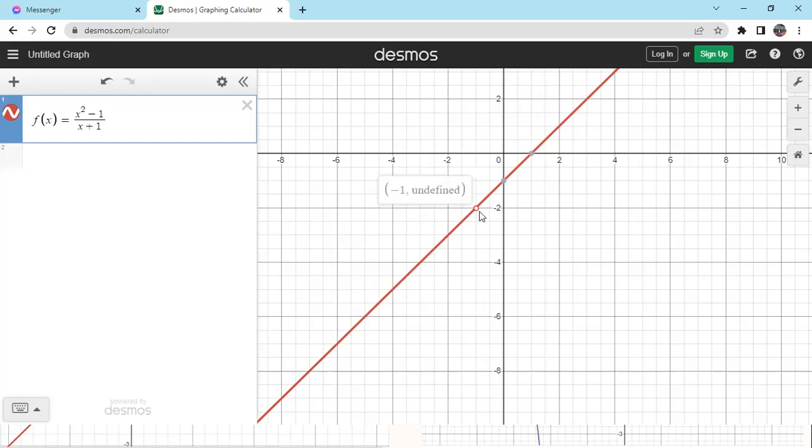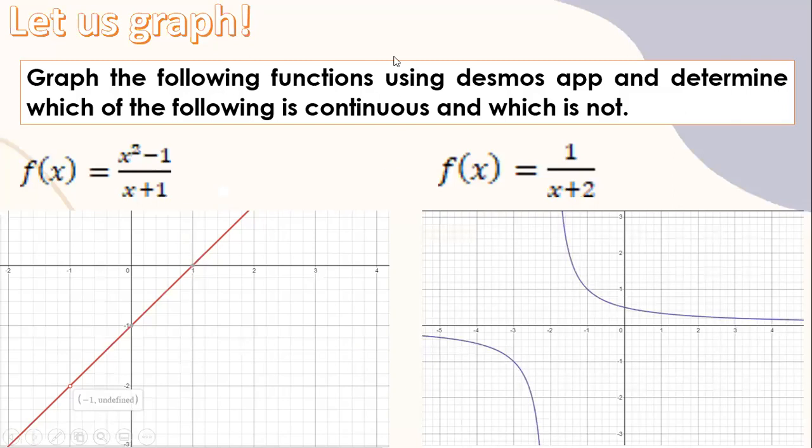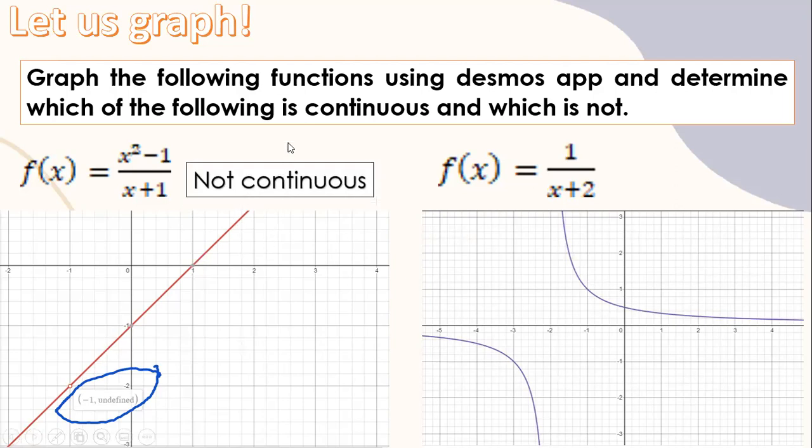We have encountered an interruption in our graph. Thus, we can say that this function is not continuous. I already included in the PowerPoint yung graph and also the hole. So the first function is not continuous based on our graph.